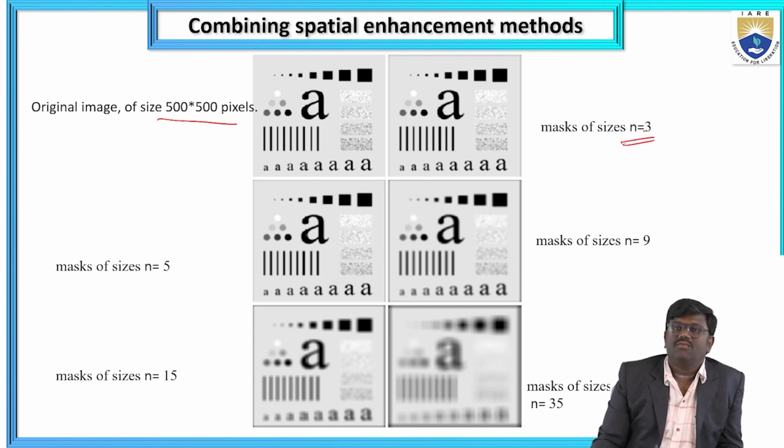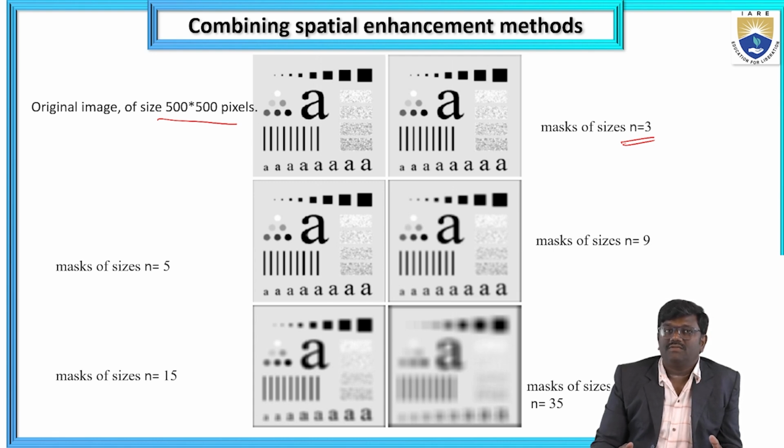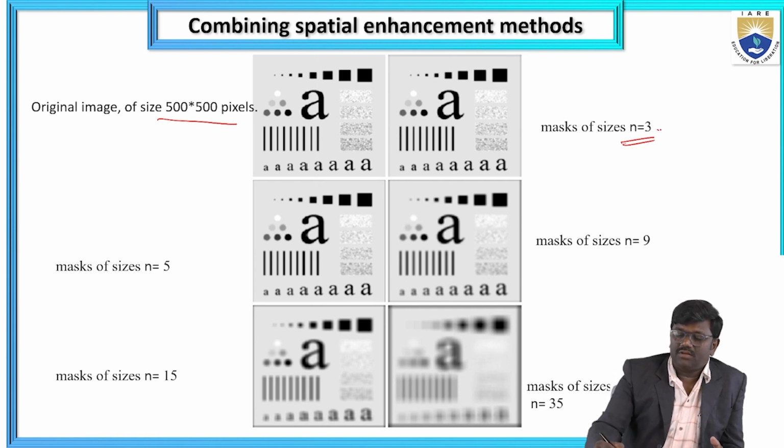This n is the size of the particular mask, the part of the image, which is a gray level image, that we are concentrating on, based on this mask value n.